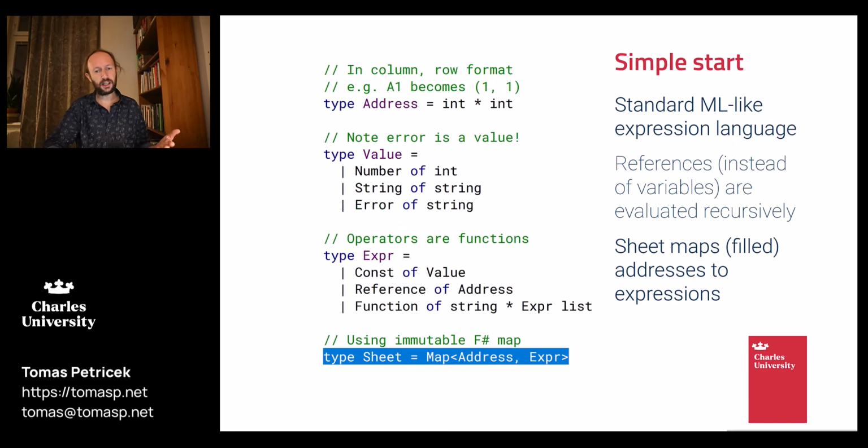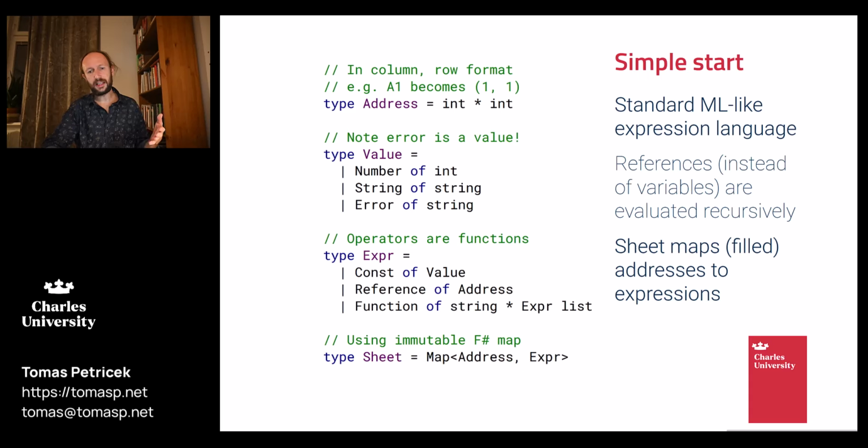And at the start, we will evaluate this just by recursively walking over the expressions, and when there's a reference, we will look it up in the sheet and evaluate that.